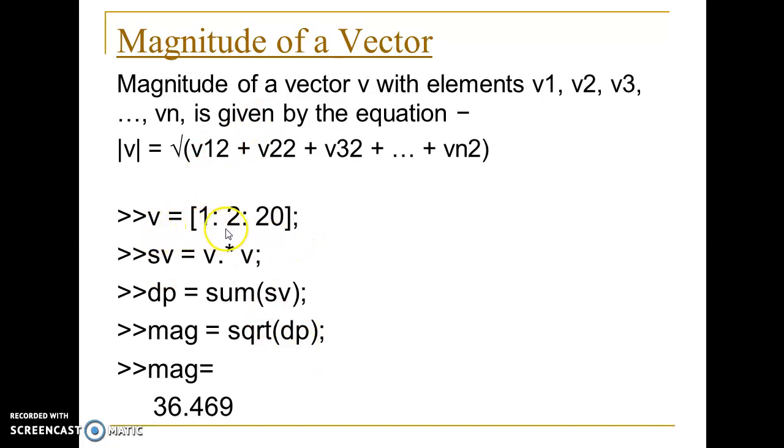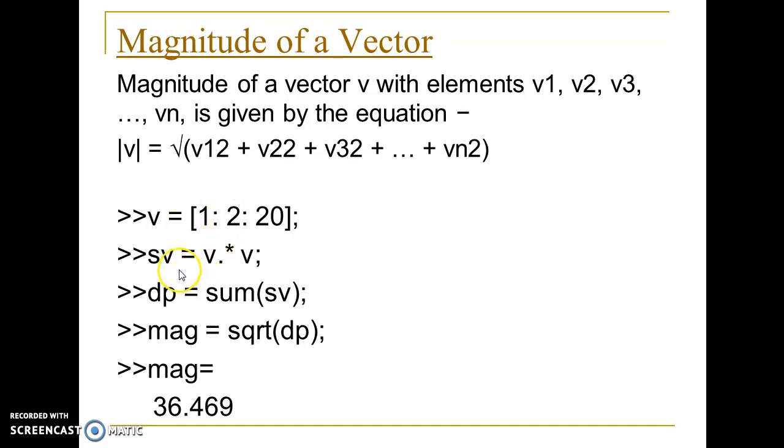V is equal to 1:2:20. That means V is a row vector where the first element is 1, the last element is 20, and in between them the elements are equally spaced by 2. Hence V is a row vector with the elements 1, 3, 5, 7, 9, 11, 13, 15, 17 and 19.